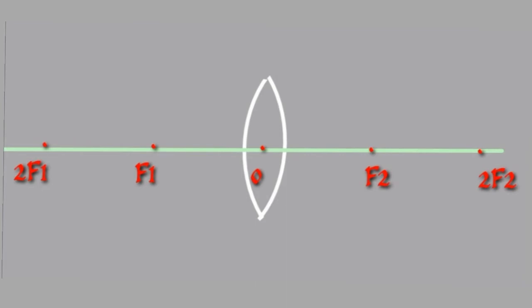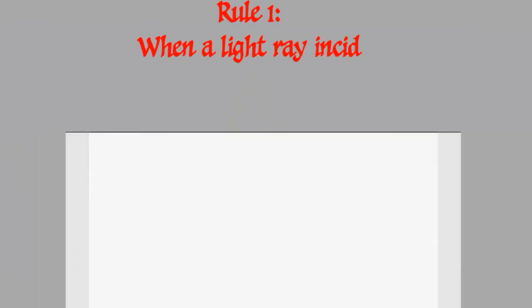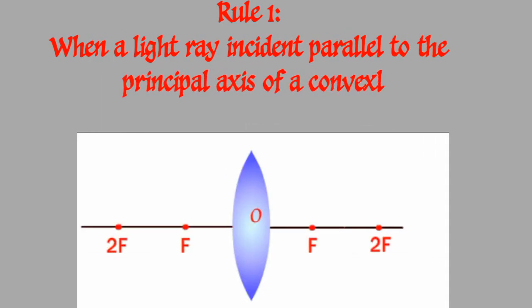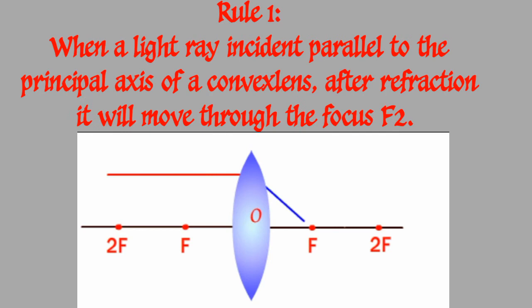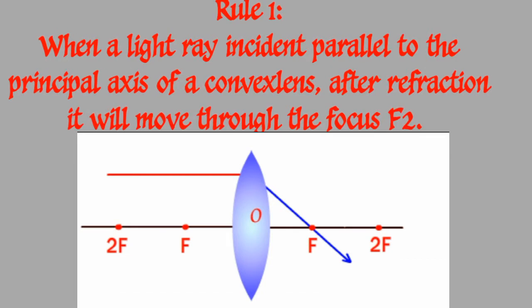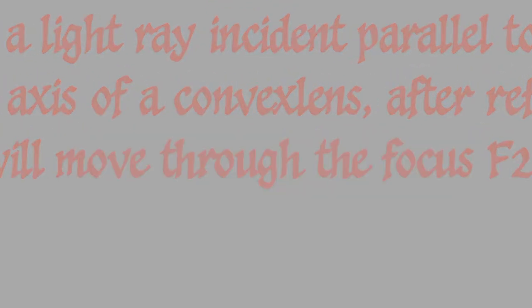For this convex lens, the first condition or the first rule is whenever a light ray from any object moves parallel to the principal axis, then what happens? If a light ray is moving parallel to the principal axis, then after refraction, it moves through the principal focus.